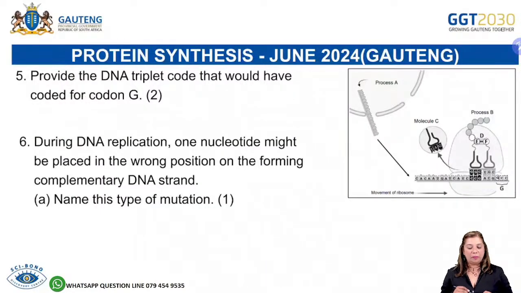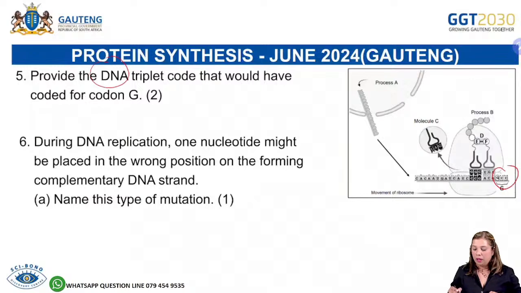Provide the DNA triplet code that would have to code for codon G. So there's codon G. What does codon G here say? It says GCC. So what must we do? We must provide the DNA triplet code. Remember, G pairs with C and A pairs with T in the DNA.